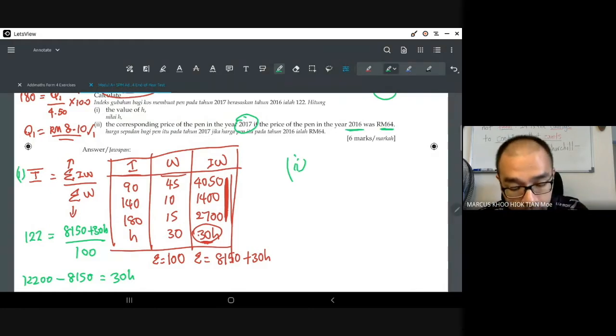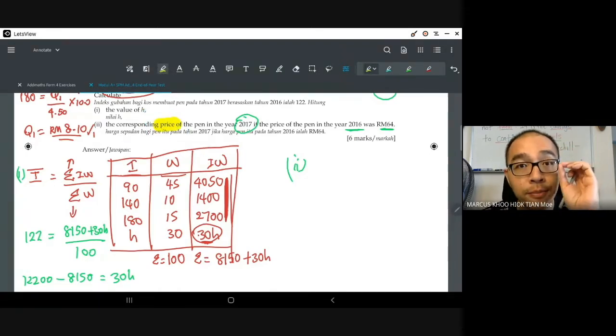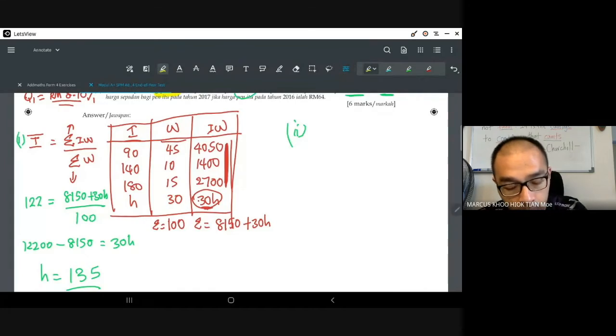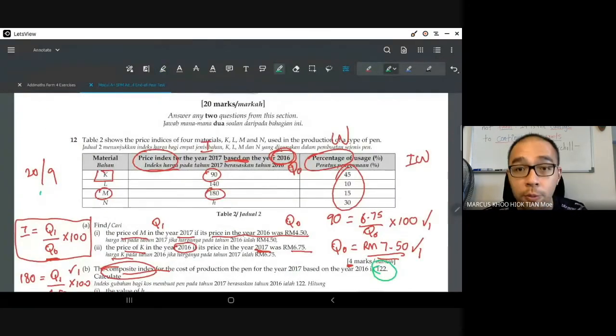Look at the question again, everybody. The question is asking for price, not price index. If you're asking for price, then we must use the composite index. But we have to use the original formula, because only this formula has price, RM.